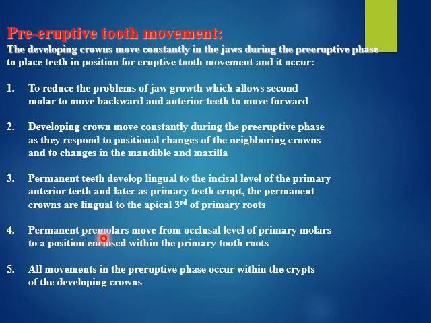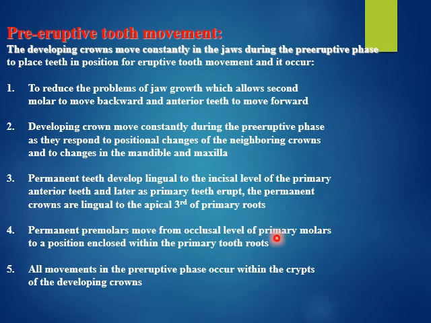Fourth, permanent premolars move from the occlusal level of the primary molars to a position enclosed within the primary tooth roots. At the beginning, when the permanent premolar develops, it is located lingual to the occlusal level of a primary molar.